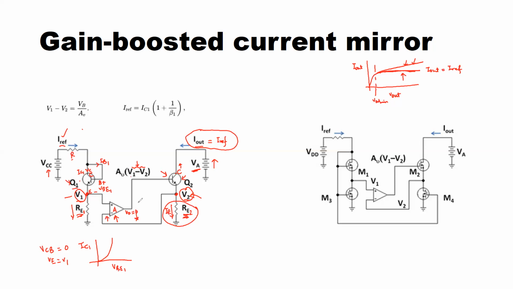Now, the output voltage is nothing but the voltage at the base of this transistor, which also goes down, making sure that the current through the transistor goes down, and hence this current again goes down, making sure V2 goes down.